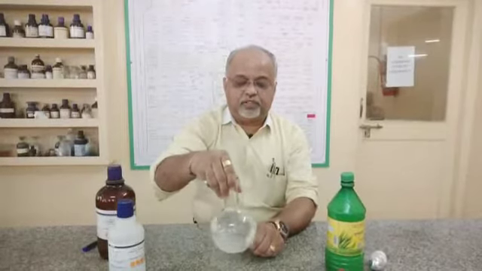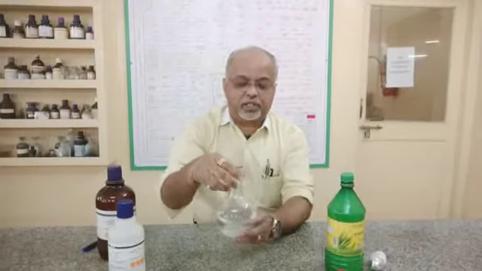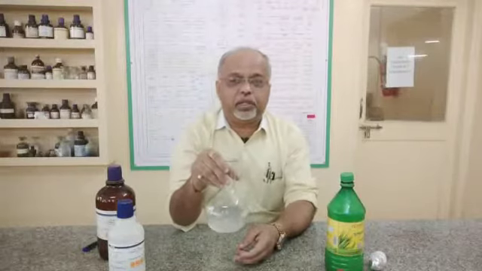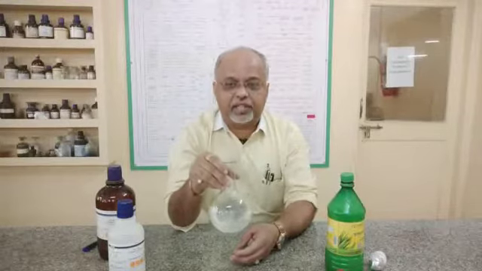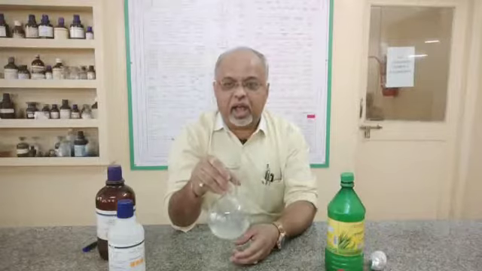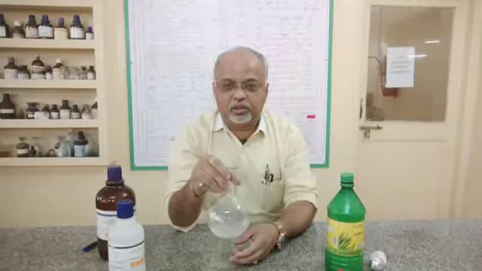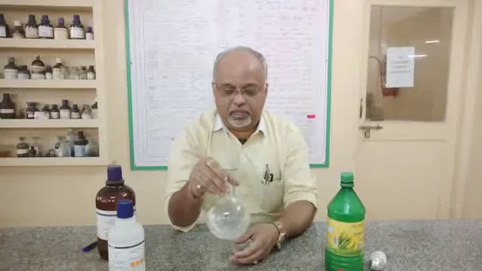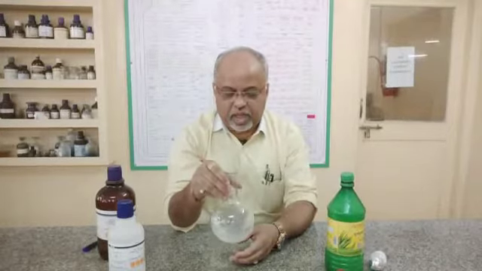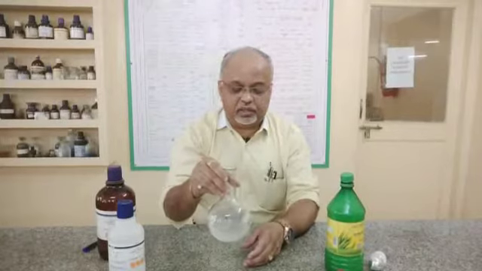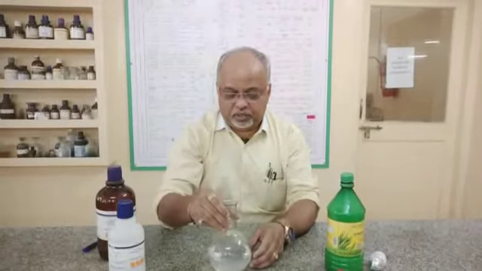After mixing this, what is the use of aloe vera gel? You can directly use ethyl alcohol and water as a sanitizer, but ethyl alcohol is a little bit hard. So to make it soft and to give a soapy appearance and soapy effect, we have to add aloe vera gel.